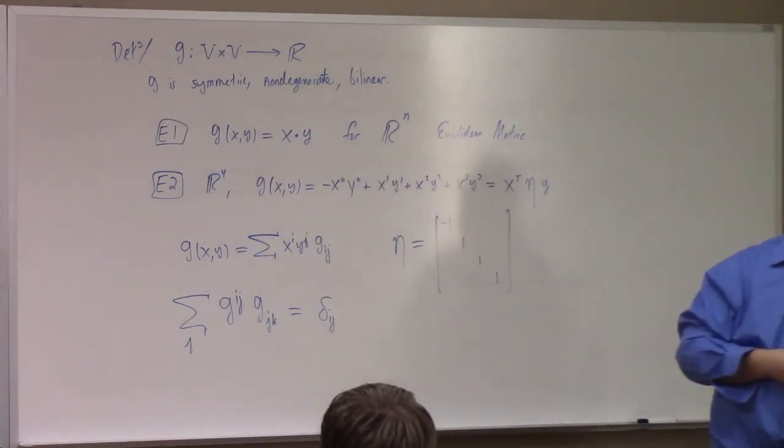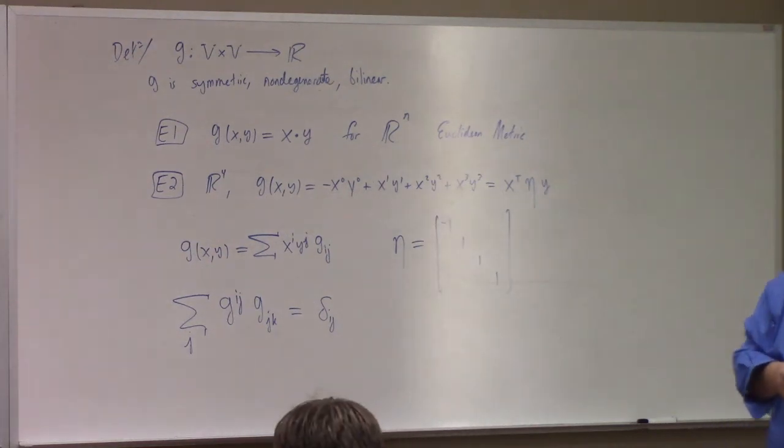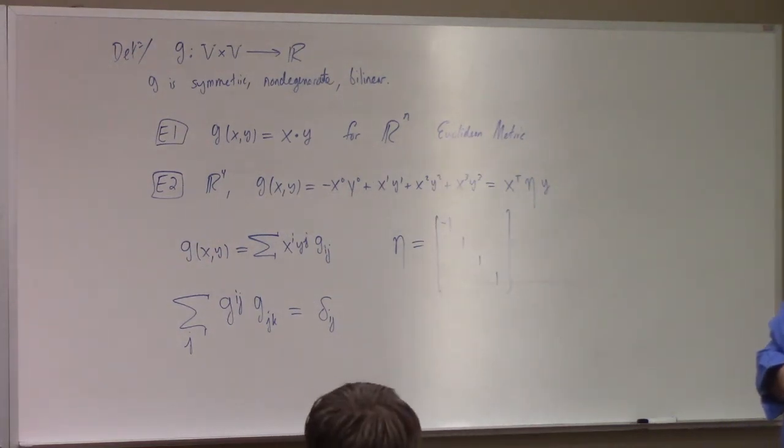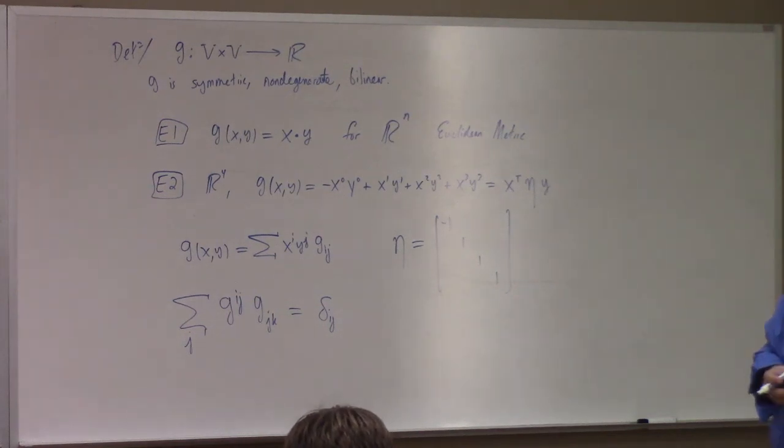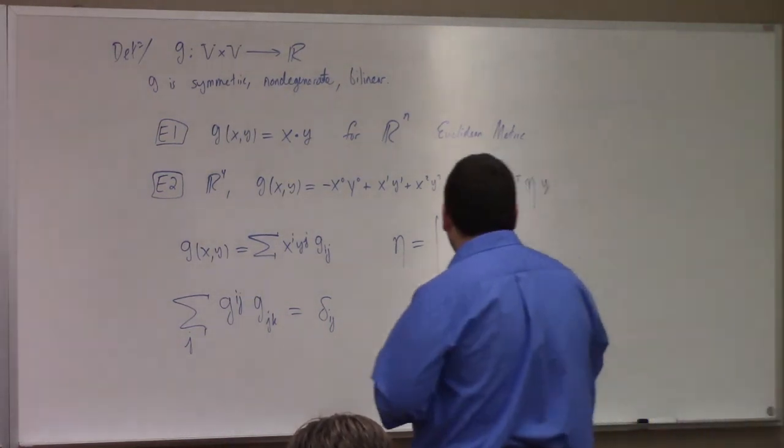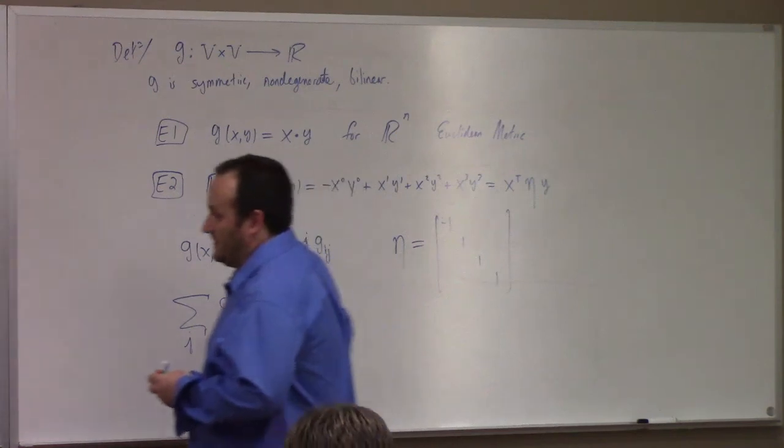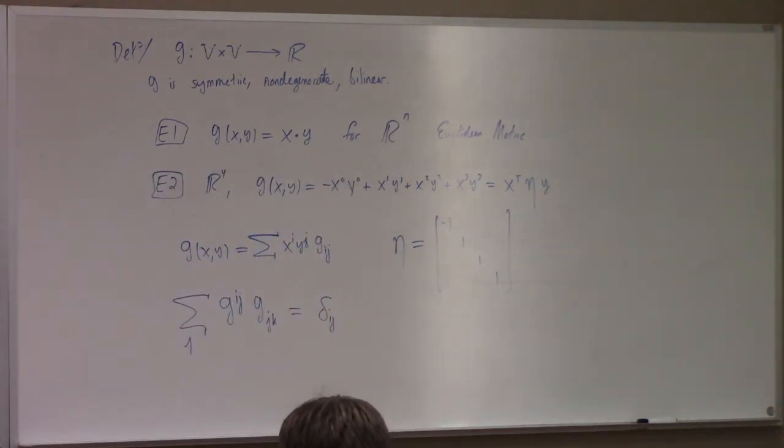Once you have this inverse metric, you can start raising and lowering indices on forms and so forth. I'm going straight to it because I don't have a lot of time, which is my own fault.